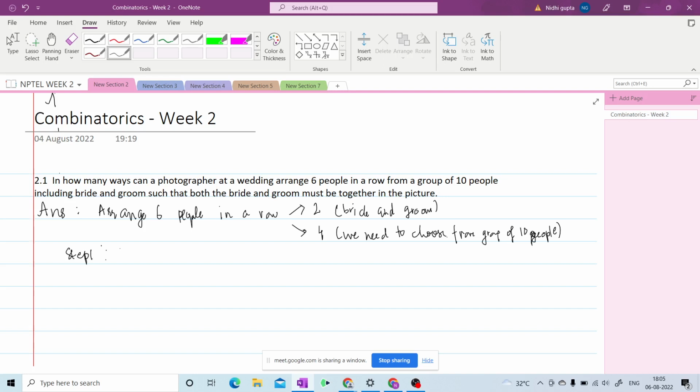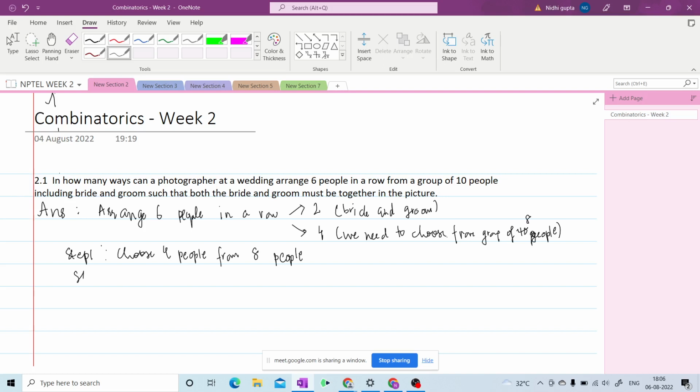The first step is we need to choose 4 people from 8 people, because 2 people are already the bride and groom, so we need to choose 4 from the group of 8 people, which is 10 people minus the bride and groom.